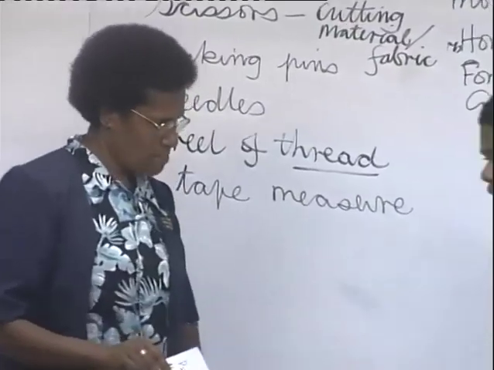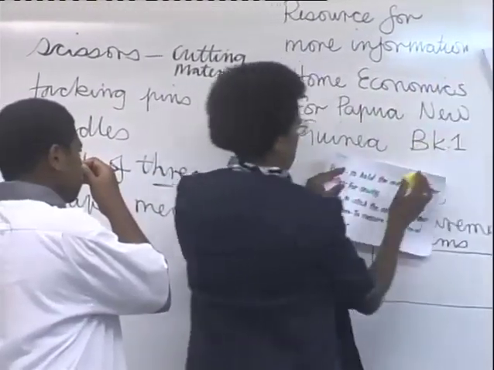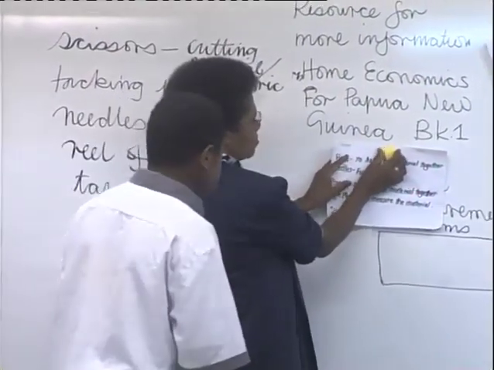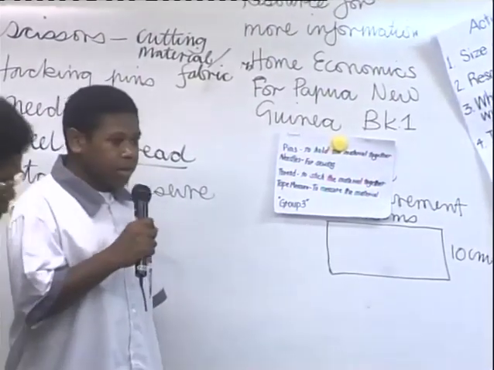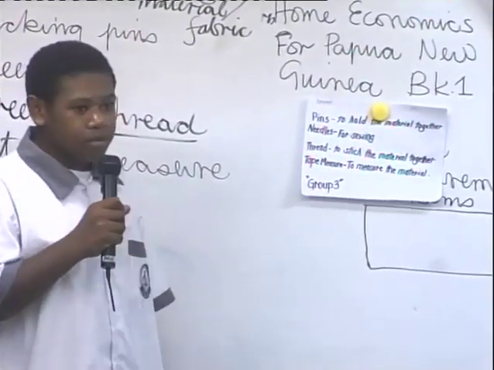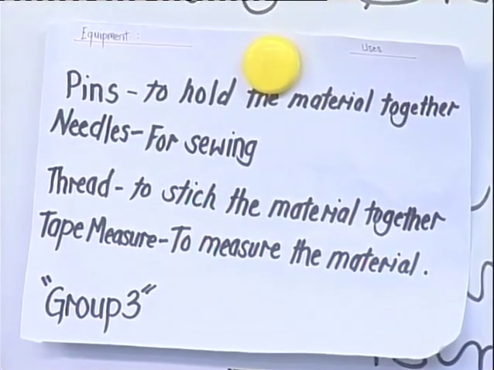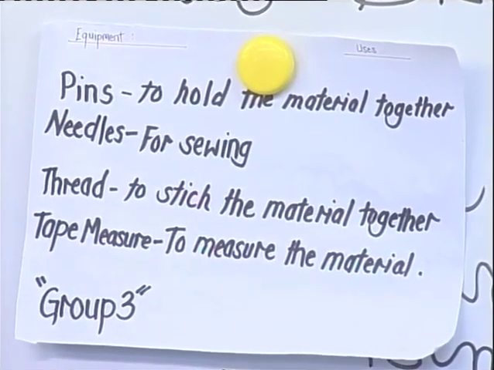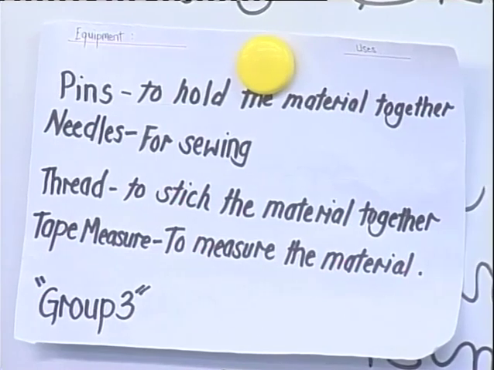You come this way. Okay. The pins, its use is to hold the material together, and the needles for sewing, thread to stitch the material together, tape measure to measure the material.